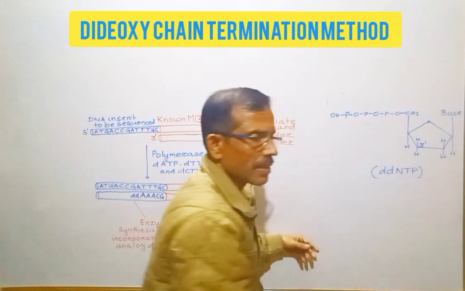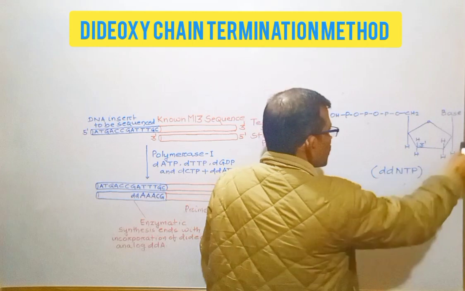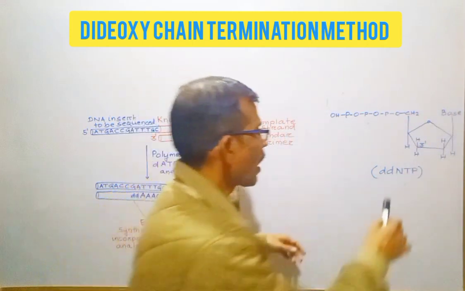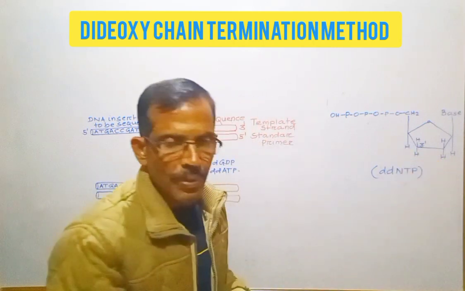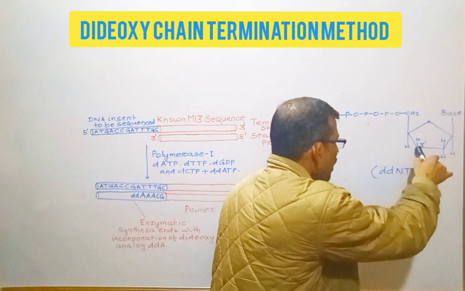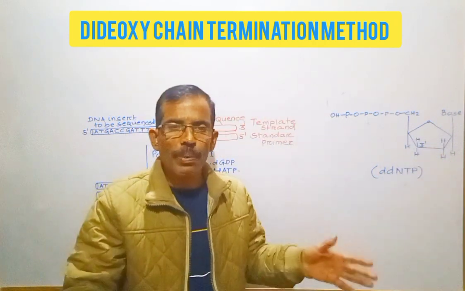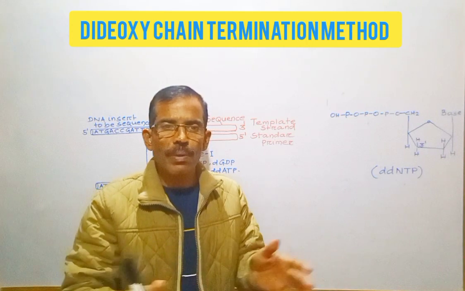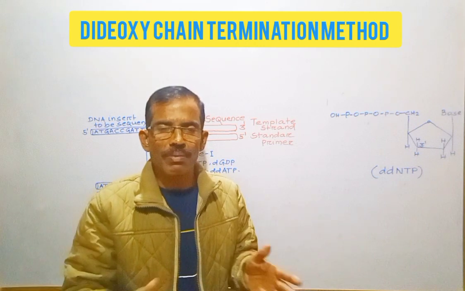dideoxynucleoside triphosphate. This is the general structure of a dideoxynucleoside triphosphate, in which the hydroxyl group on the third carbon is absent. Due to the absence of the hydroxyl group on the third carbon, when incorporated into the growing DNA strand, further formation of the 3'-5' phosphodiester bond is prevented.